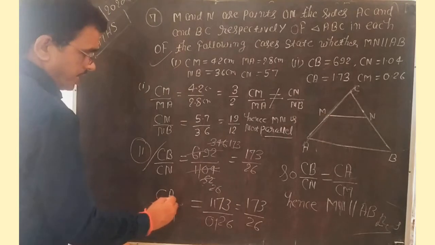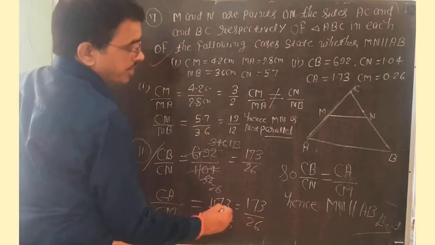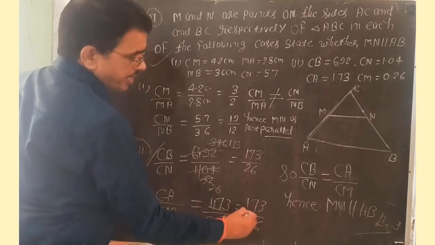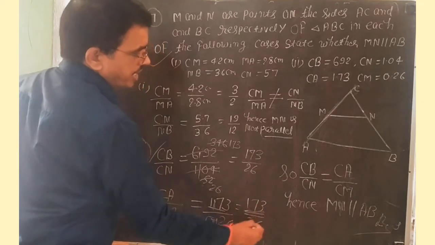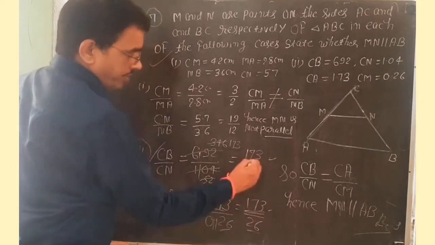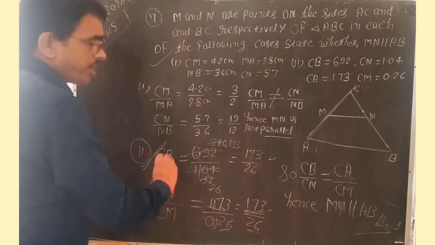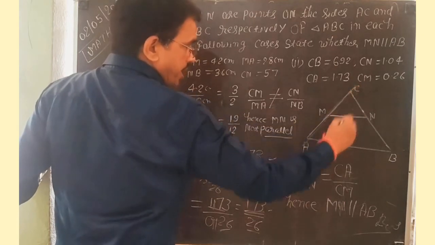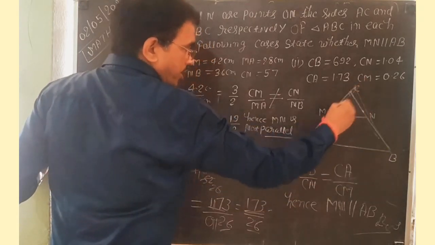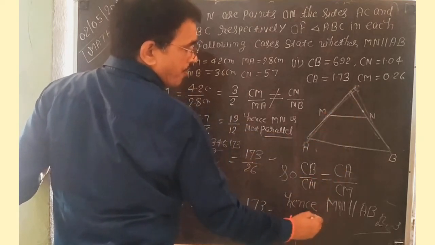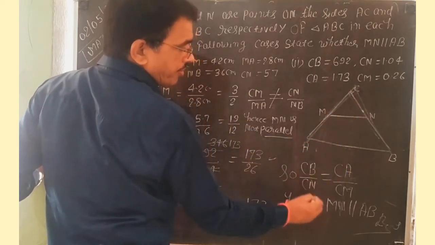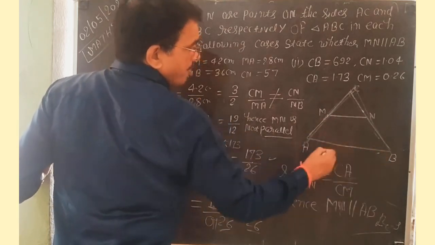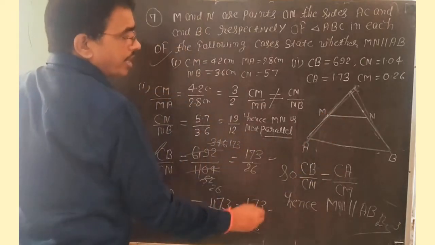CA is 1.73 and CM is 0.26. After the 2 digit cancel, it is clear it is 173 by 26. You find both RHS are equal. So I write CB by CN is equal to CA by CM. So by the converse of Thales or converse of basic proportionality, you can write that MN is parallel to AB because the ratio of both parts is equal. Hence it is parallel.